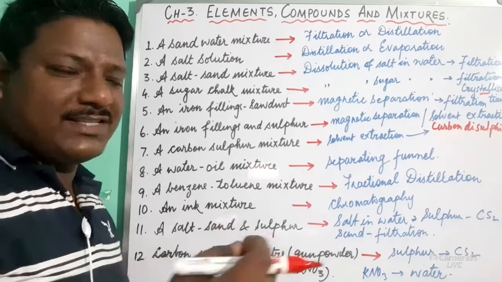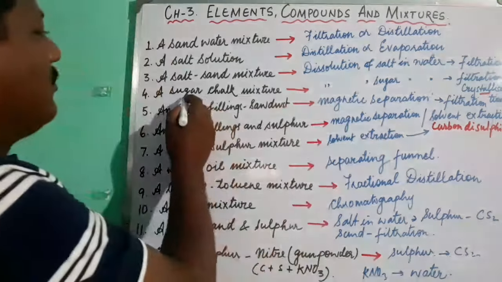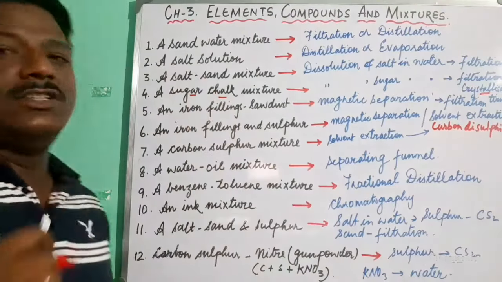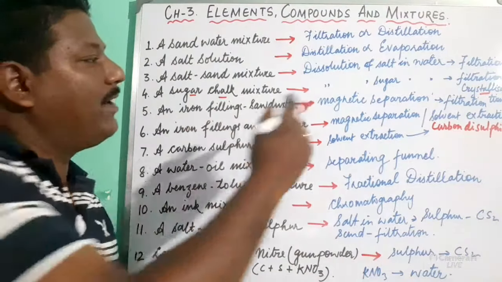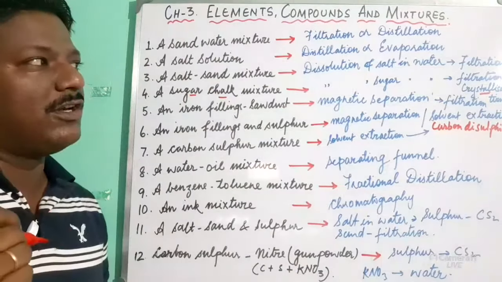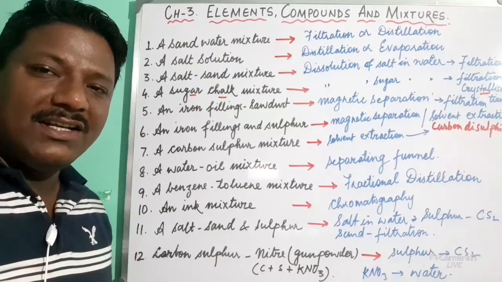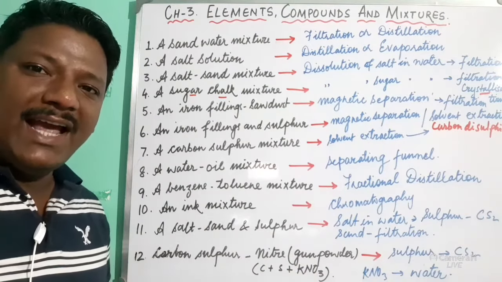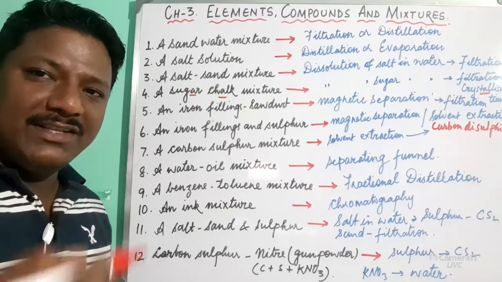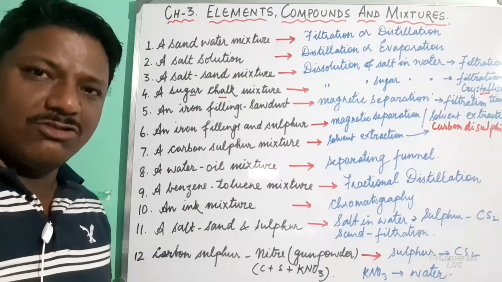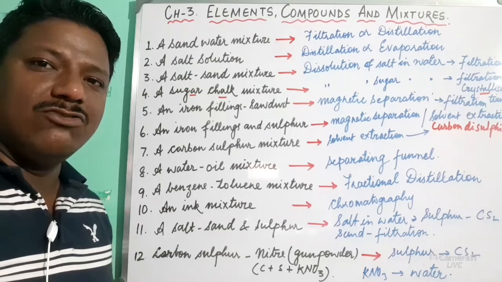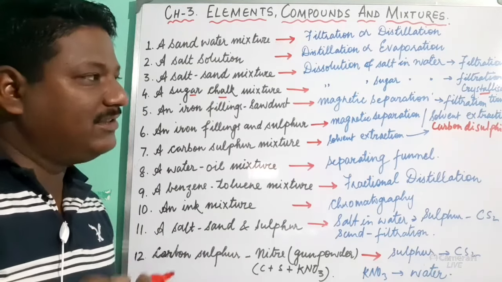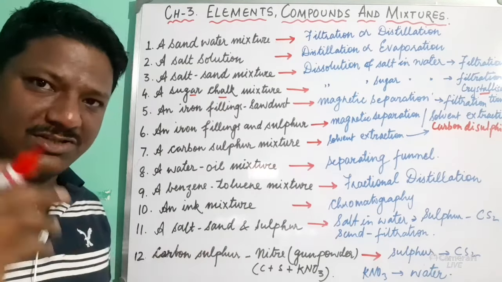So in this way you can separate the sugar and chalk mixture with the help of dissolution of sugar, and then you filter, then chalk will be separated, and whatever the filtrate will be left, that is the sugar solution, you just use the crystallization process, and in this way you will get back the sugar crystals.